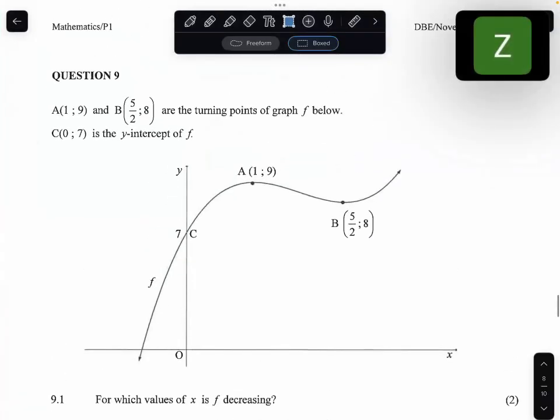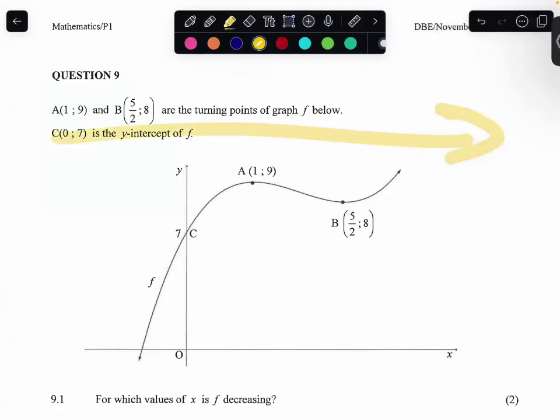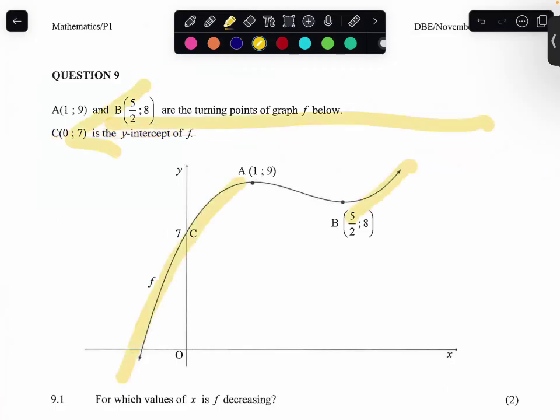All right. Question 9. A and B are the turning points of the graph f below. C is the y-intercept of f. For which values of x is f decreasing? So you always look at the graph from left to right, and you ask yourself, where is the graph going down? Because if you look at it the other way, the graph is going to go down here and here, and that's incorrect.